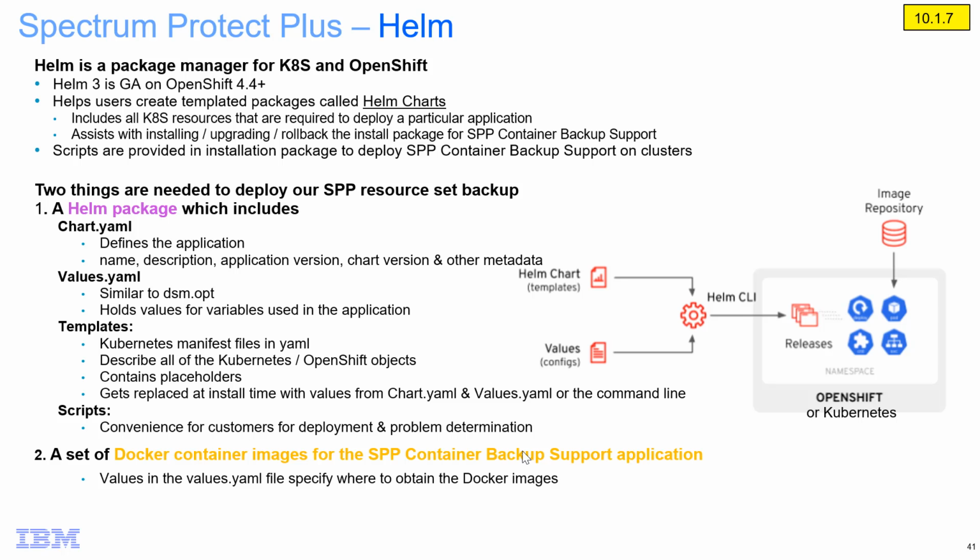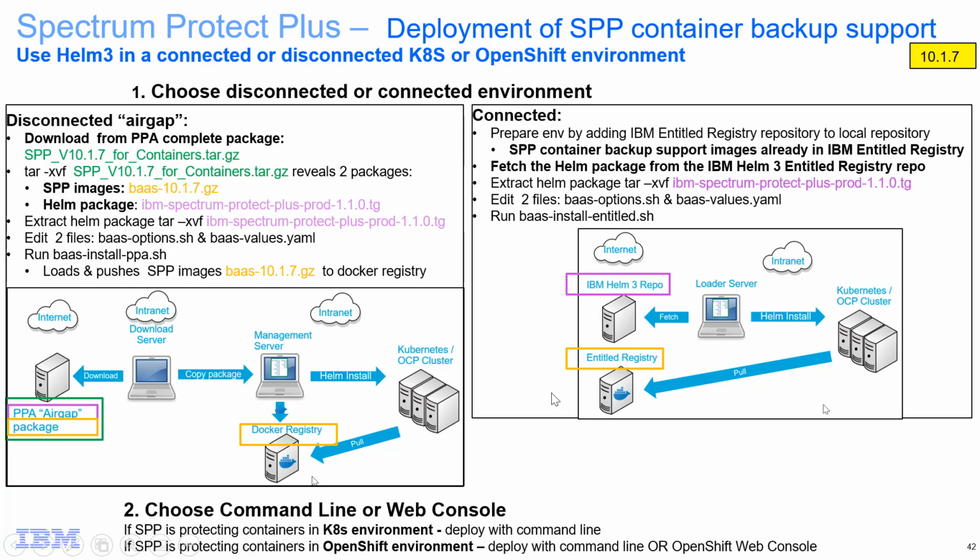So when we're installing this containerized backup support, you've got two options. If your Kubernetes or OpenShift environment is in what we call a disconnected or air-gapped environment, where it does not have direct access to the outside internet, then you will use an intermediate download server to pull those two packages, the Helm and the SPP images.